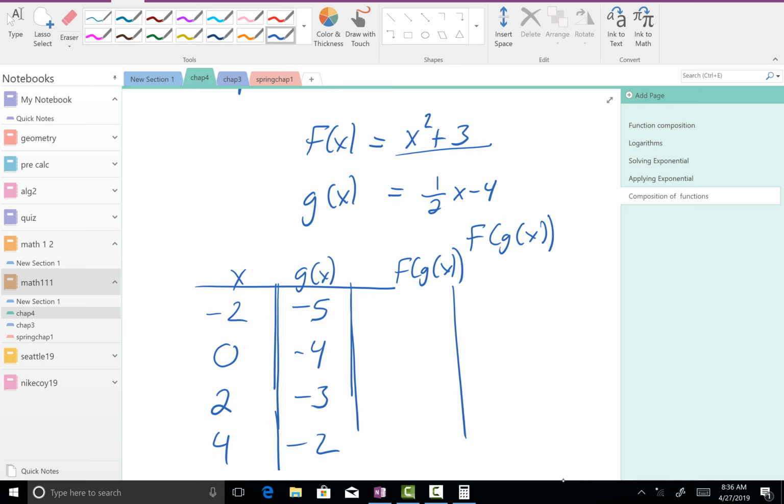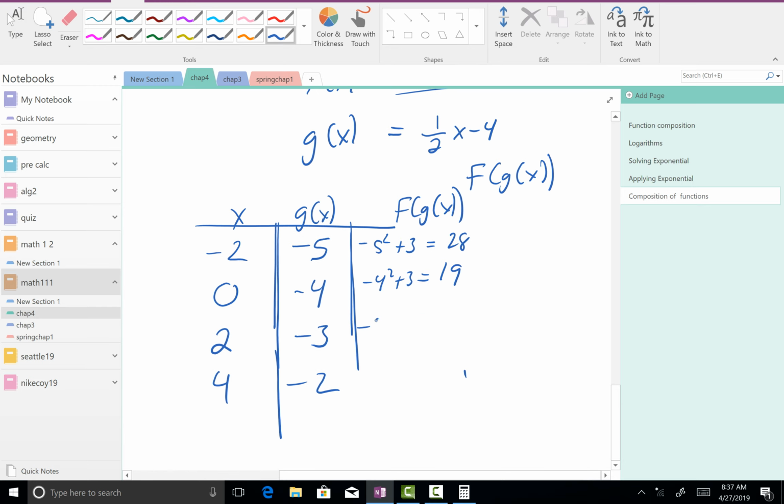All right, so that would be like -5 squared plus 3, so 28. And then I would take -4 squared plus 3, so I get 19. And then we could continue to do that, -3 squared plus 3, 12. Then we would have -2 squared plus 3, 7. Okay, and so forth, all the way down the line.